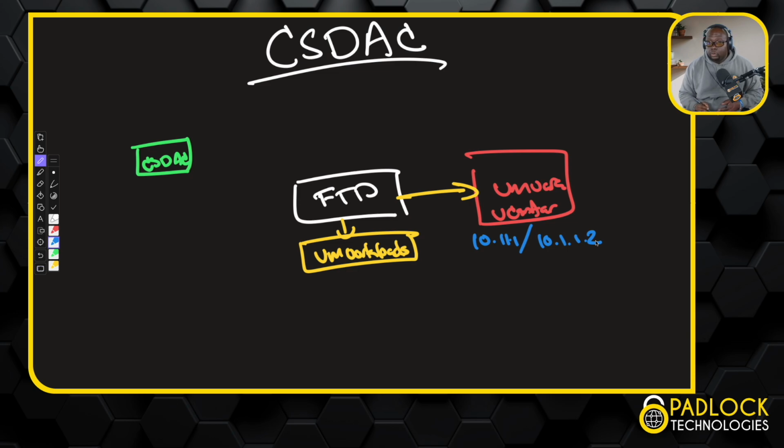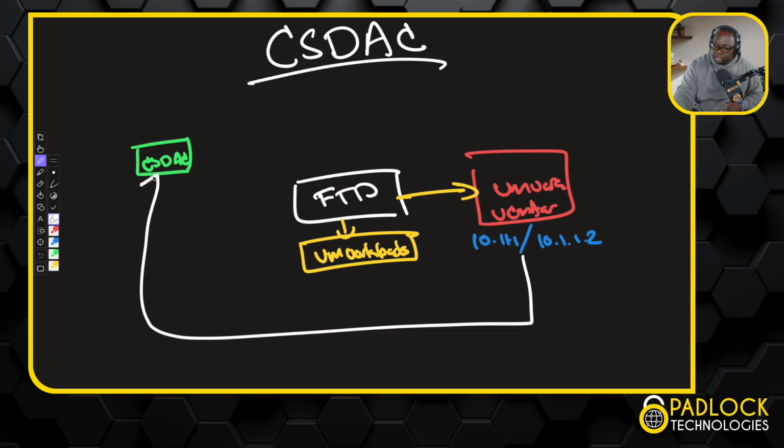So how the workflow would go is, let's say you created another host, and this was 10.1.1.2. When you create that host, the connector that's in VMware, when you do the syncing, would send an update to CSDAC. So that's step number 2.